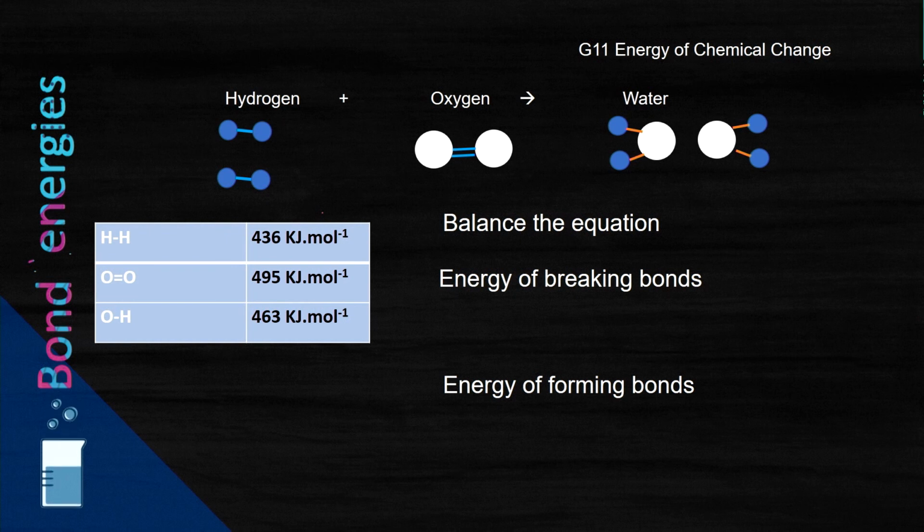So what do we have to do with these bond energies? The energy that is trapped within a bond and has to be broken apart when we want a reaction to happen, and the energy that is released when new substances are formed. Now remember that physical change doesn't require such huge amounts of energy.